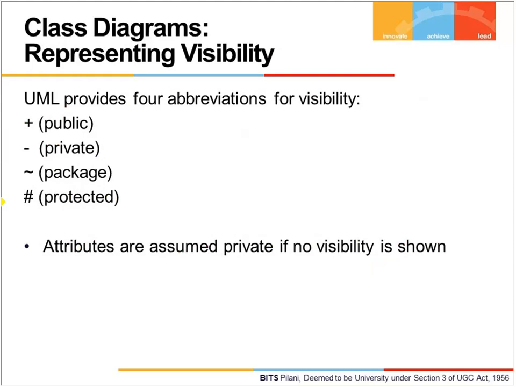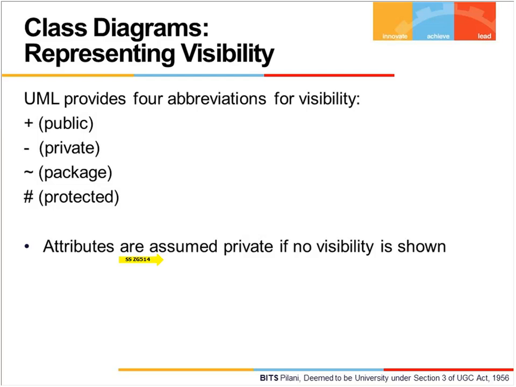So if it's plus, it shows that it's public, then this symbol is private, then this symbol is package, and then the hash symbol is protected. And by default, it is assumed to be private. So if nothing is specified, then by default, the attribute is referred to as having a private visibility, right?